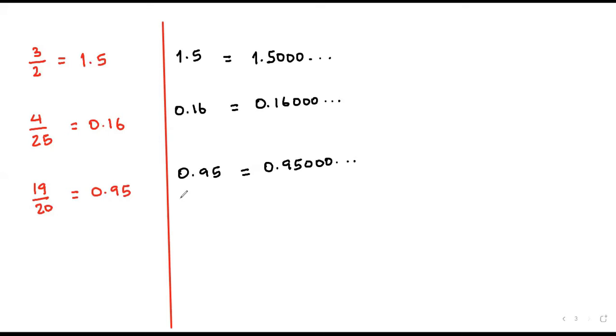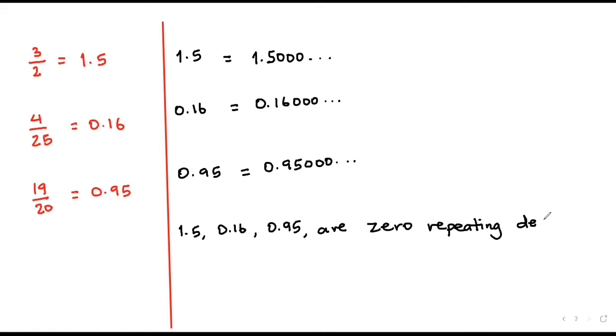So that's why we say that a decimal like 1.5, a decimal like 0.16, a decimal like 0.95, these are called zero repeating decimals. Zero repeating decimals. Do you understand that? Yes.